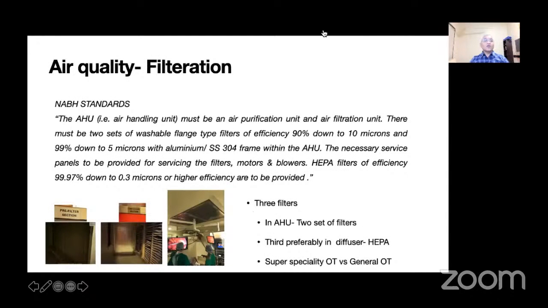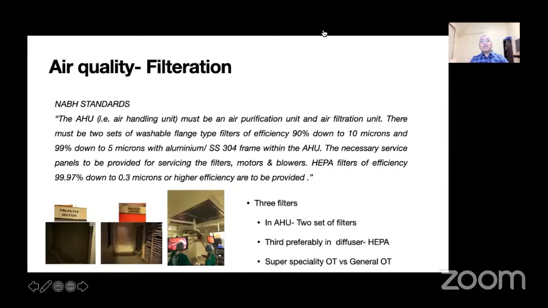So for the filtration, NABH standard says that the AHU must be an air purification unit and air filtration unit. There must be two sets of washable flange type filters, with efficiency 90% down to 10 micron and then 99% down to 5 micron.